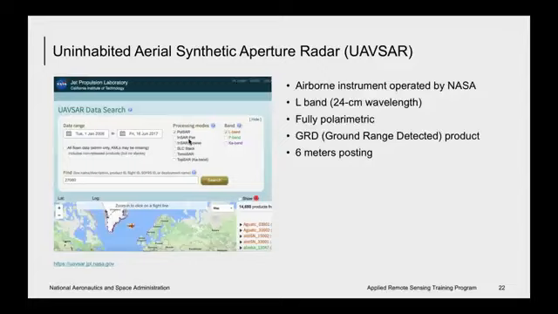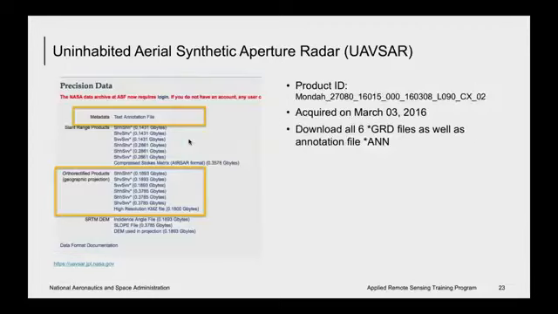So if you go on the UAVSAR webpage, you can download this product. And if you go on the data search page and click on the product, this is what you see. You see a list of links, and what we want is the orthorectified product. We don't want the slant range products.